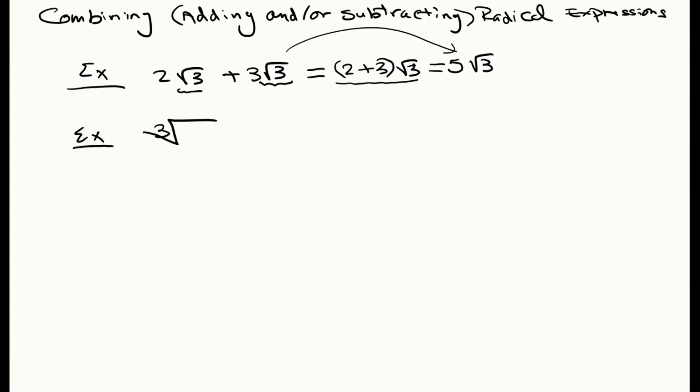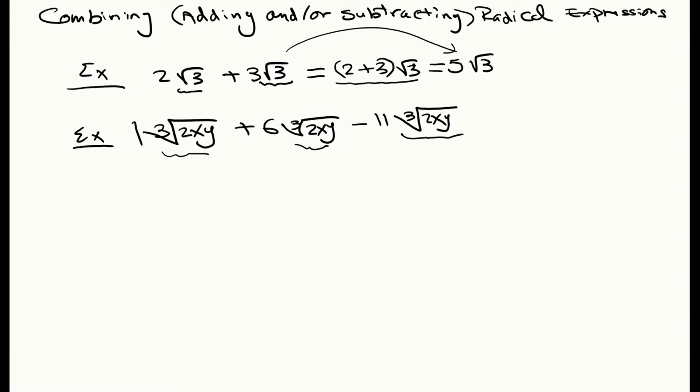Let's say we have the cube root of 2xy plus 6 cube root of 2xy minus 11 times the cube root of 2xy. The fact that all these radical parts are the same tells us these are like terms, so we can go ahead and combine them.